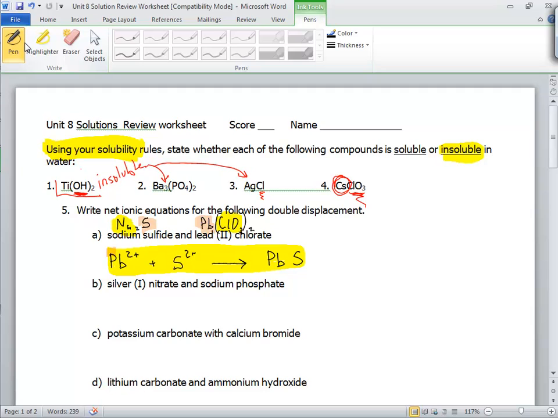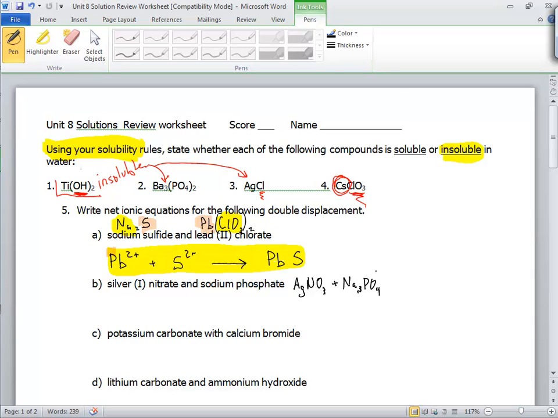Silver 1 nitrate, remember the 1 is just telling us the charge, and so I'm going to kind of write that over here, AgNO3. That's in solution, and so those ions are actually separate and floating around. And sodium phosphate is also in solution because sodium is an alkali metal.